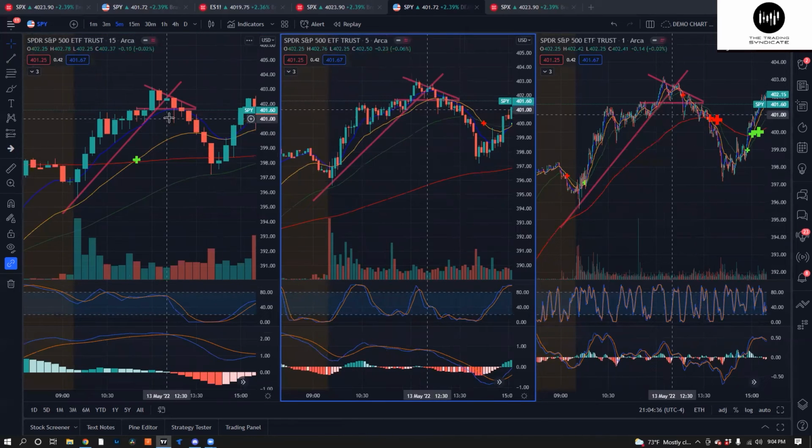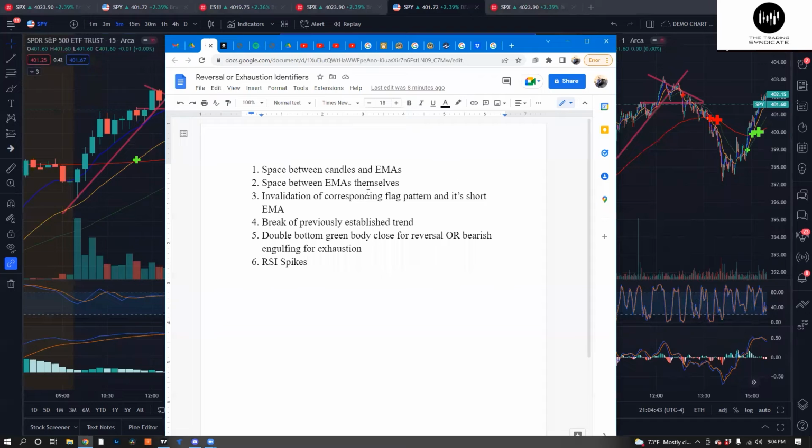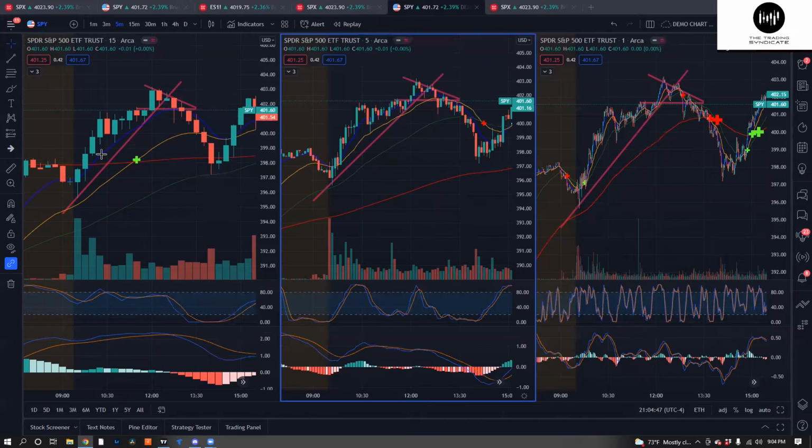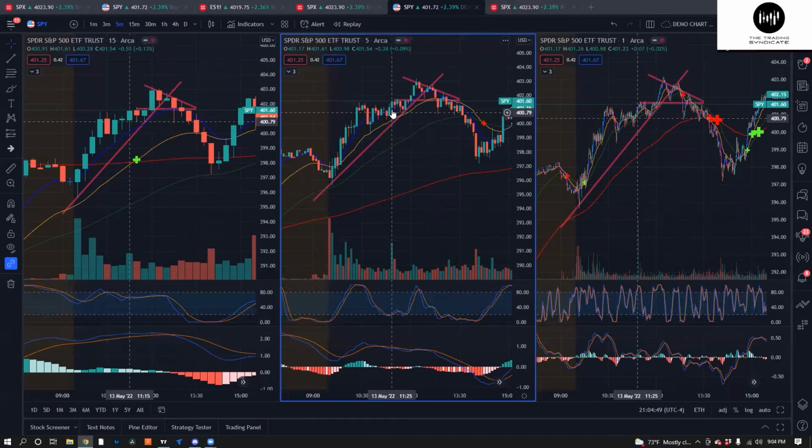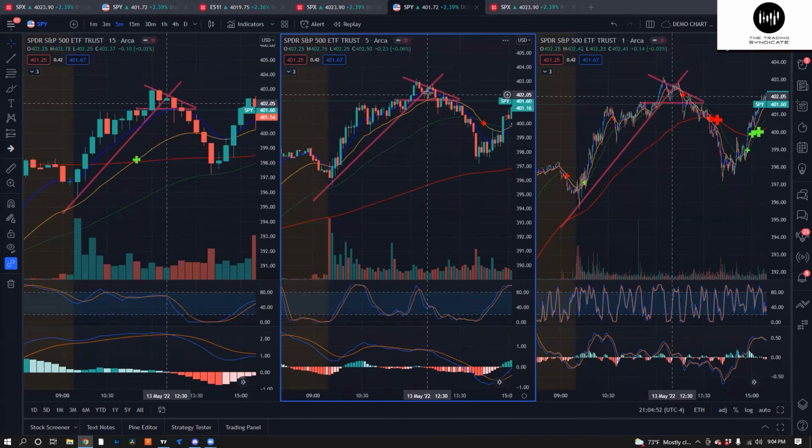We see that there's a lot of space between the EMAs themselves on the 15-minute. So we look for a tighter consolidation to give anticipation of the move on smaller timeframes, and we see that they're already starting to come together on the 5-minute.